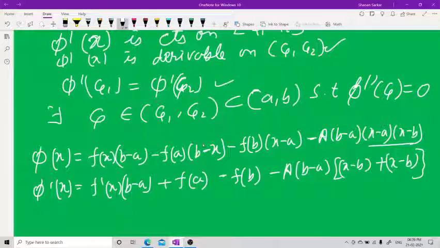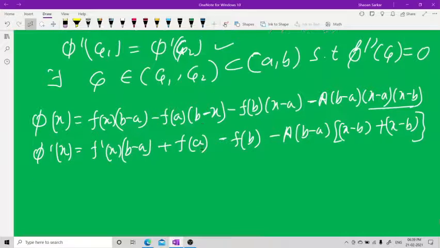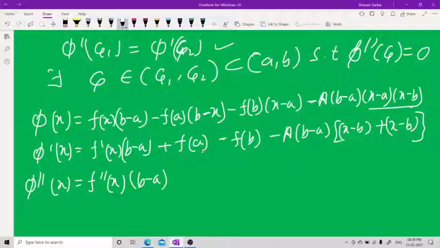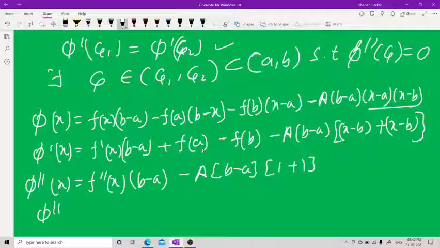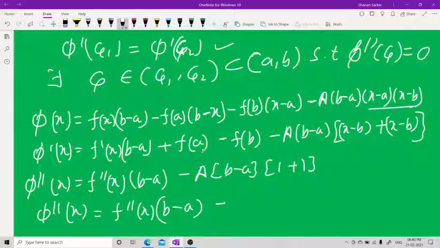Now f double dash x, that is phi double dash x, is f double dash x (b minus a) minus 2A (b minus a).